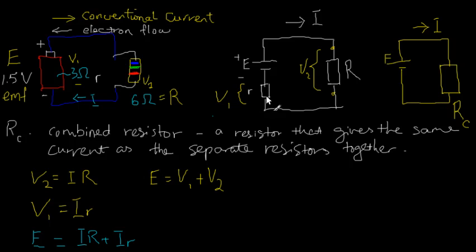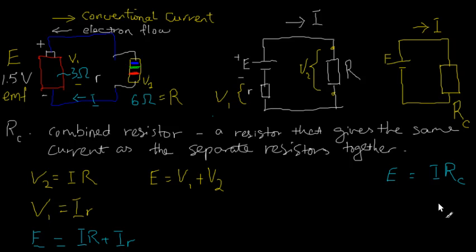Okay, we are treating the internal resistance as part of this combined resistor in this example. So Ohm's law then tells us that E is equal to I times RC. So that's the overall voltage. That's the combined resistance. And that's all we have for this combined circuit.